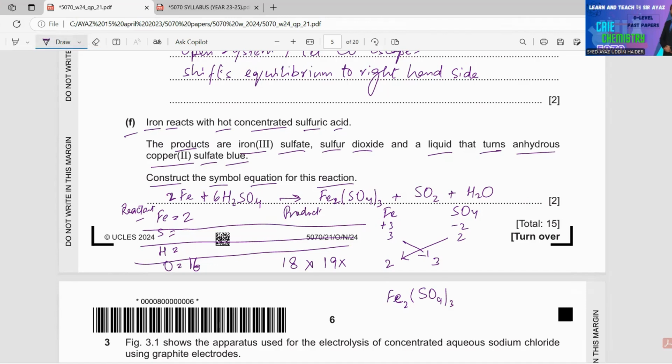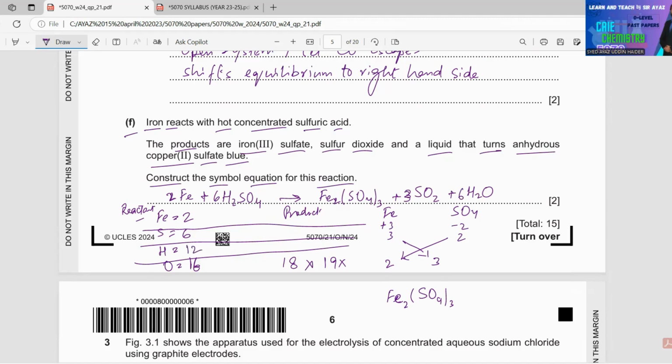Now the sulfur becomes 6 this time. So on the product side, we need to write 3 before SO2. Sulfur is balanced. What about hydrogen? 6 2s are 12, so I will write 6 before H2O. Hydrogen is balanced.